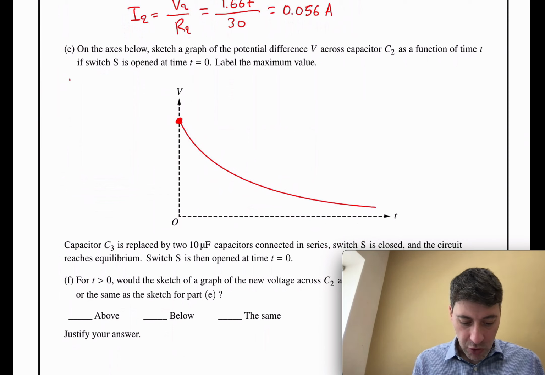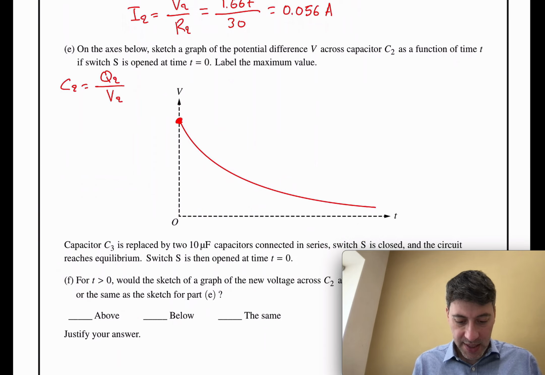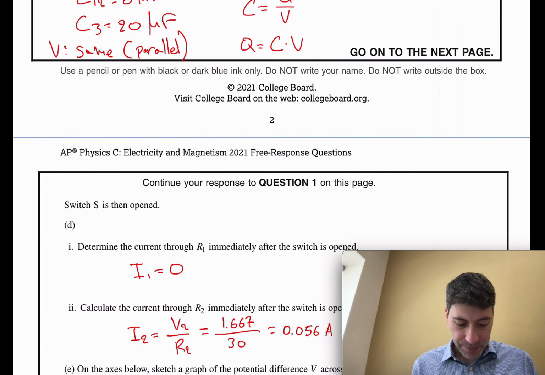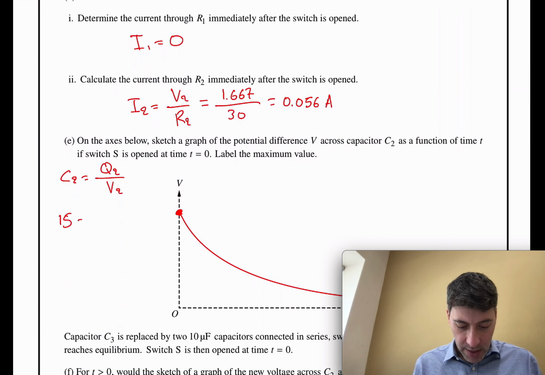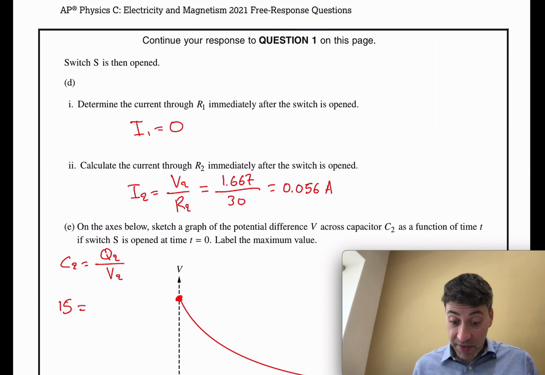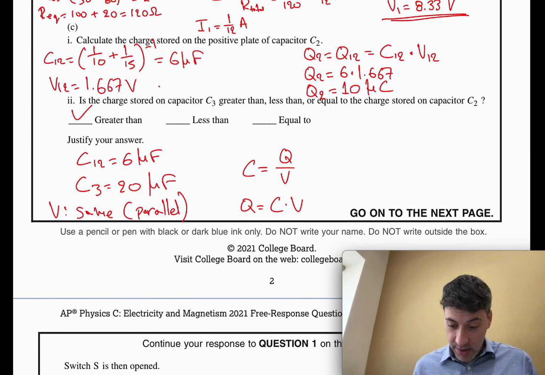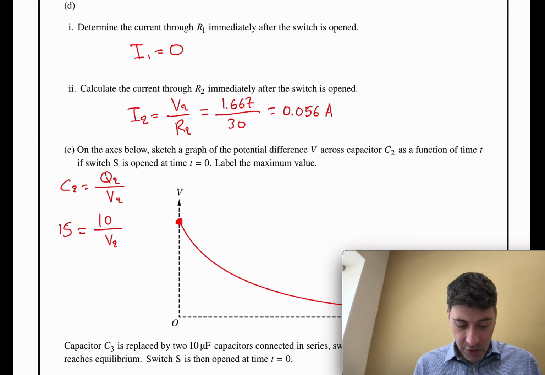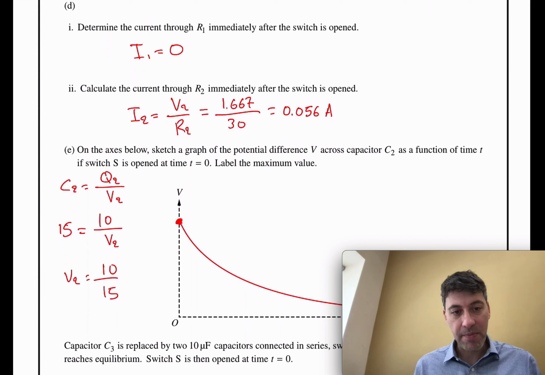We need to find what is the voltage of the capacitor at the start. Now, I guess that we'll use C2 is equal to Q2 over V2. The C2, I believe it was given, 15 microfarad. The Q2 is, we had found it, 10 microcoulomb over V2. So the V2 is 10 microcoulomb divided by 15 microfarad.